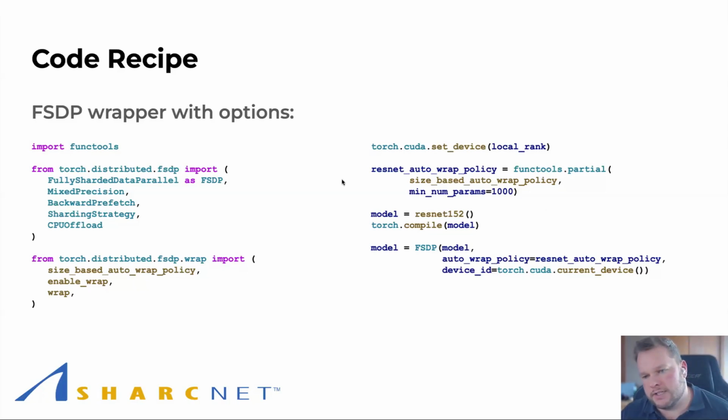And then in your code, you can set your CUDA device to be the local rank, set up your auto wrap policy. And then here we're using the ResNet model, we're compiling it, and then we're wrapping it in FSDP. And that takes the auto wrap policy and also the device ID. And since we've set the device to be our local rank, we have the right GPU matched up with the right process. This will move the model to the correct device and initialize it there.